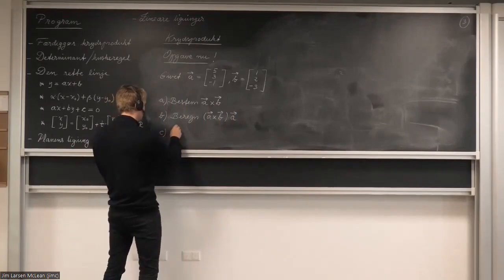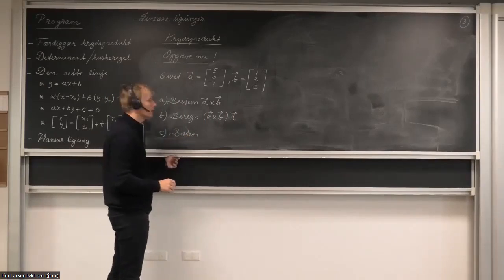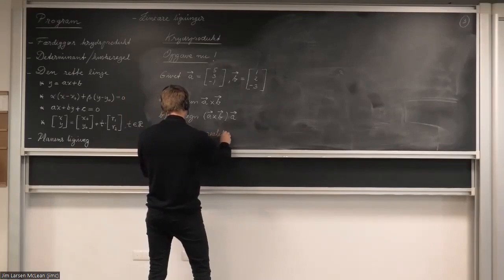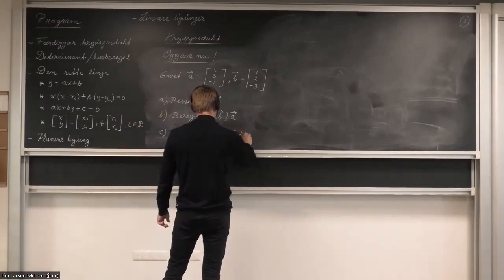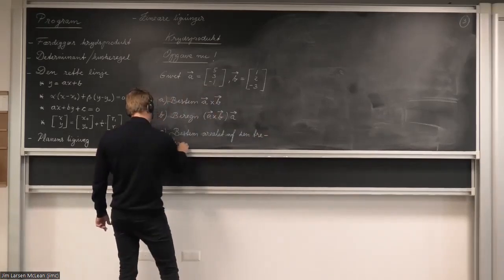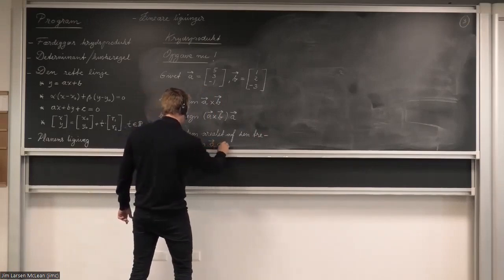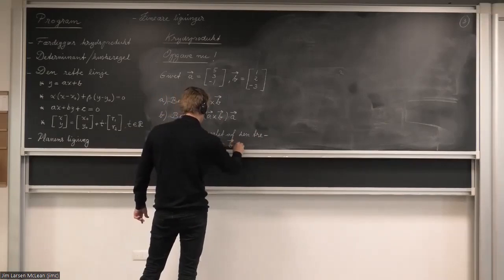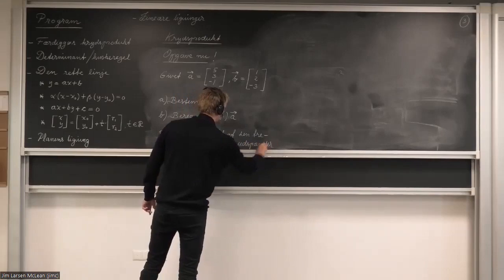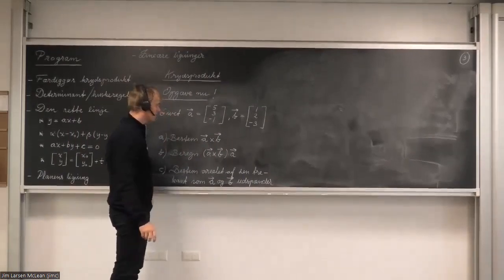And question C: determine the area of the triangle spanned by vectors A and B. Sophie, if you want to pause the camera while we work it out.